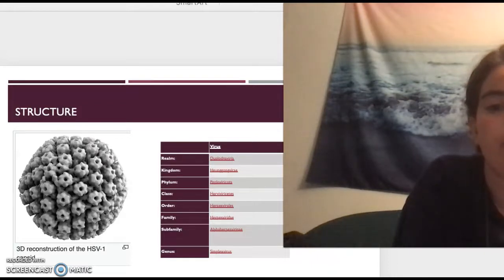The herpes virus genome consists of a non-segmented, linear, double-stranded DNA molecule. These genome lengths typically range from 120 to 250 kilobase pairs and encode for 70 to 200 genes, so smaller than a single human gene. And an image of an HSV1 capsid is shown here.